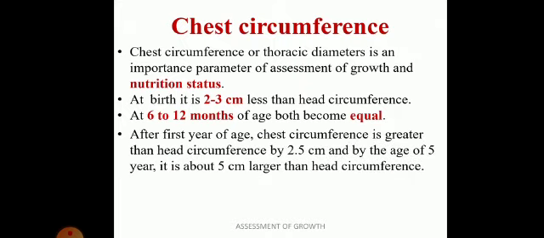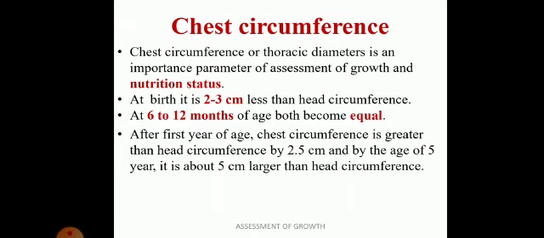And then after celebrating the first birthday of this baby, the chest circumference will be more as compared to head circumference. Definitely, if you consider yourself, your chest circumference is more than your head circumference. That is not a finding of today; it has been there since you were 1 year of age.